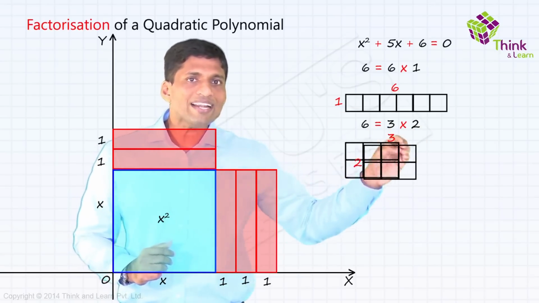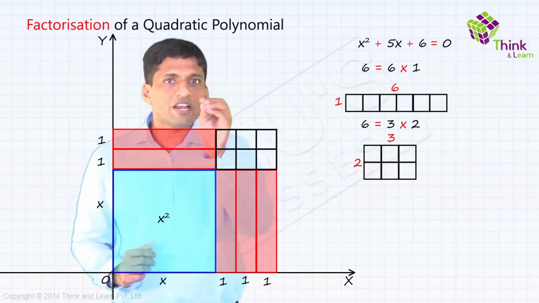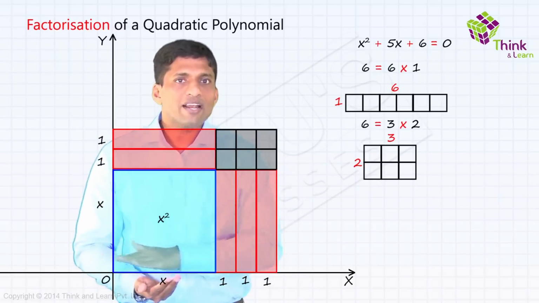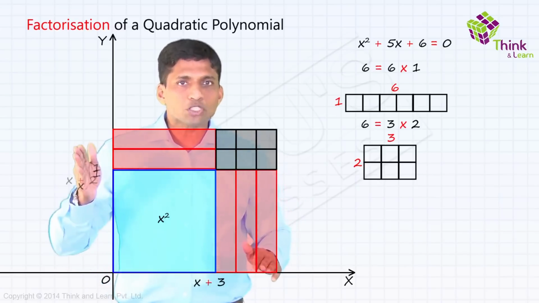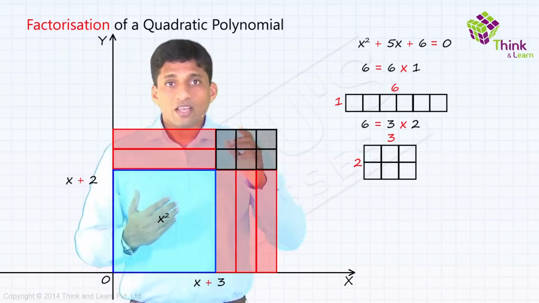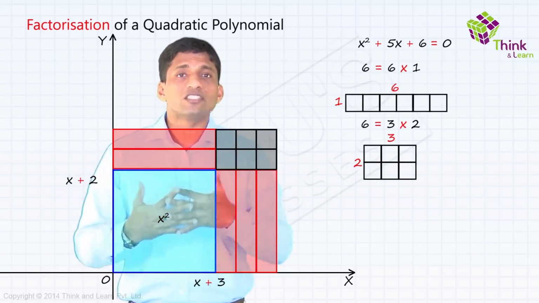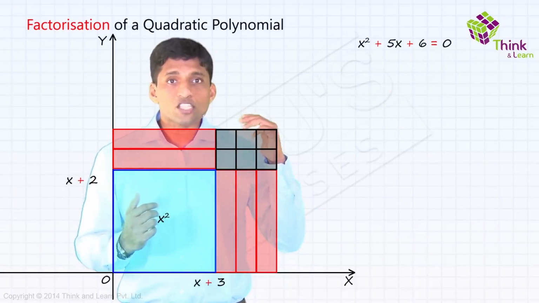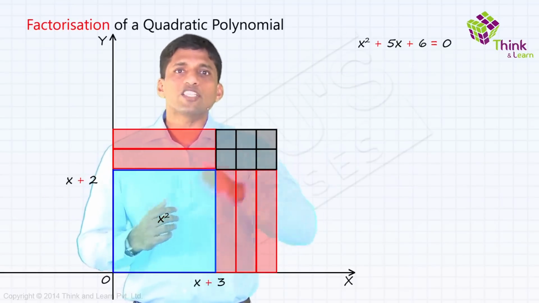So I can directly take this 3 by 2 rectangle and fill it here. So it's a complete rectangle now with length x plus 3 and breadth x plus 2. So area of this rectangle is nothing but, length into breadth, x square plus 5x plus 6, which is our original expression.